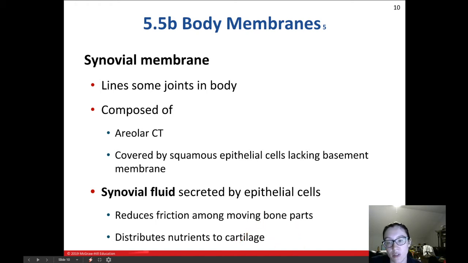And it also distributes nutrients to the cartilage because if you remember, we briefly mentioned in the histology chapter, and we'll talk about it again in the skeletal system chapter, that mature cartilage is avascular, and avascular means it does not have any vessels. And so the synovial fluid helps with that. So this is kind of similar to the serous membranes where they secrete this fluid that's going to help lubricate in that area.